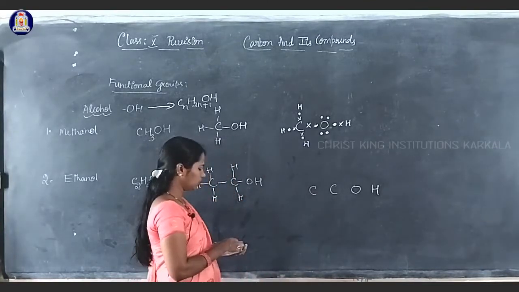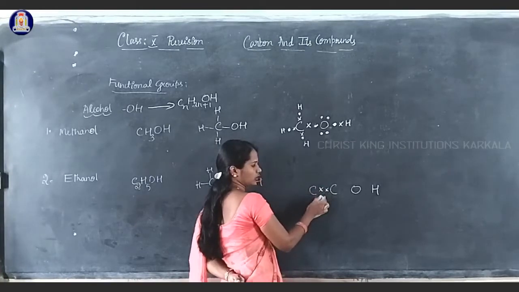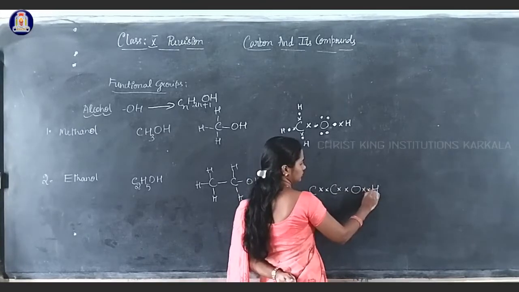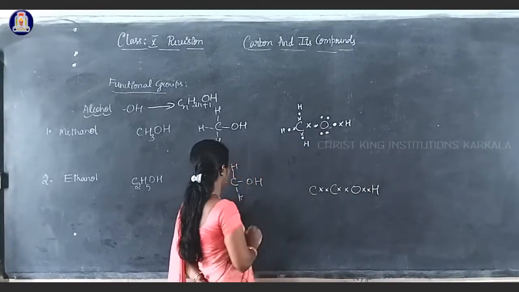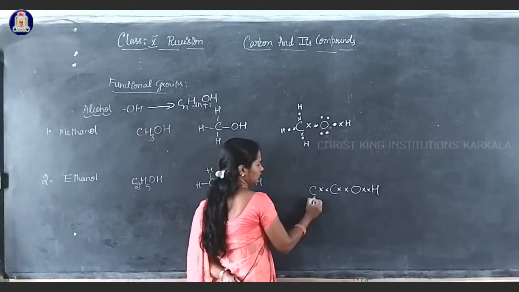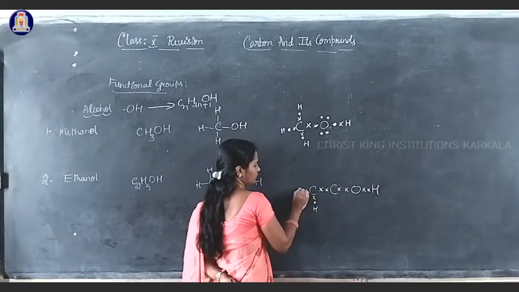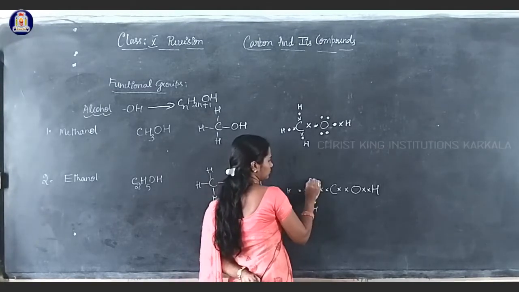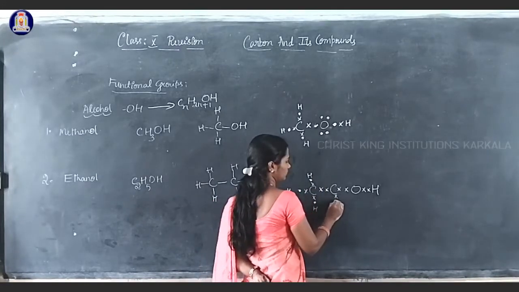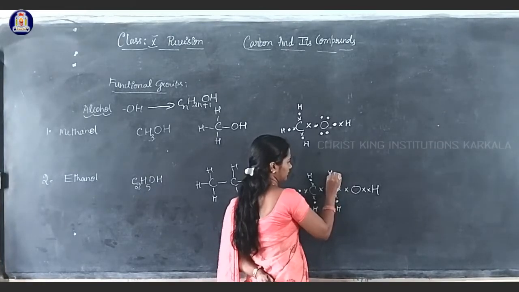Now we'll complete the bonds by sharing electrons. Single bond, 2 electrons, here also a single bond, here also a single bond. Now on the carbon there are 3 hydrogen atoms, so cross, dot H, cross, dot H, cross, dot H. On the second one, dot H, dot H.